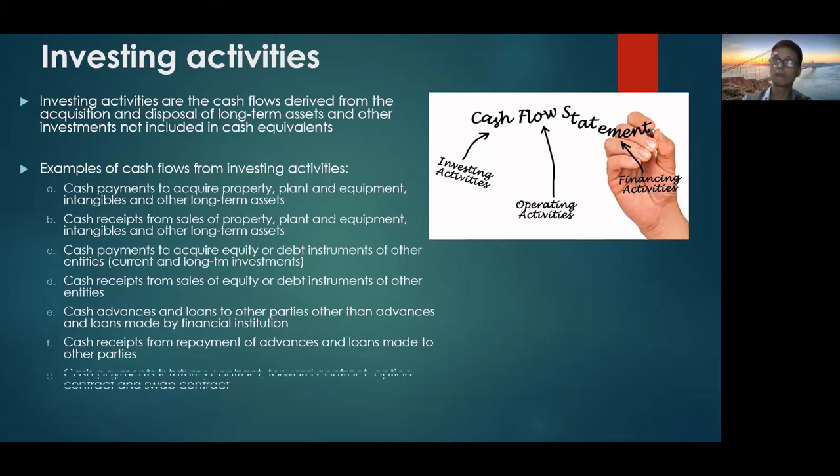Okay, so let's move forward. And then cash payments from futures contracts, forward contracts, and option contracts. So what transaction is this? Normally, a business would enter into a forward contract.